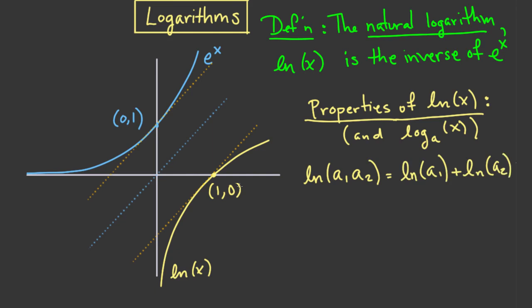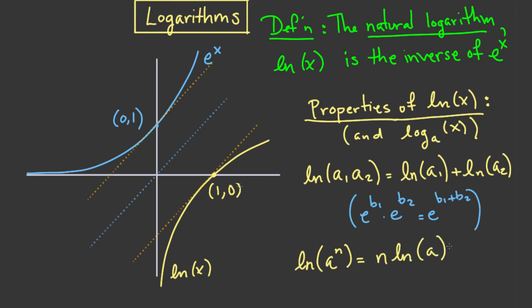And this follows from the property that e to the b1 times e to the b2 is equal to e to the b1 plus b2. The other important property is that log of a to the n is equal to n times log a, and this follows from the property that e to the b, all to the power n, is equal to e to the b times n. I'm going to leave it to you to verify why these properties hold.